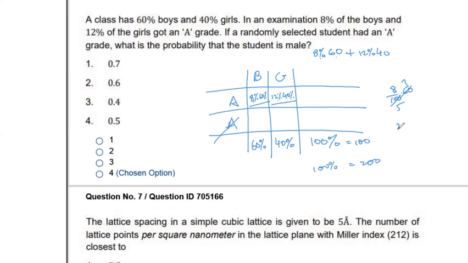It is 24 by 5. Plus 12% of 40 is how much? It's 24 by 5. So it is 2 times 24 over 5, which is 48 by 5. And remember, I have to divide it by 100 because it will be over the entire 100. So 48 over 500.